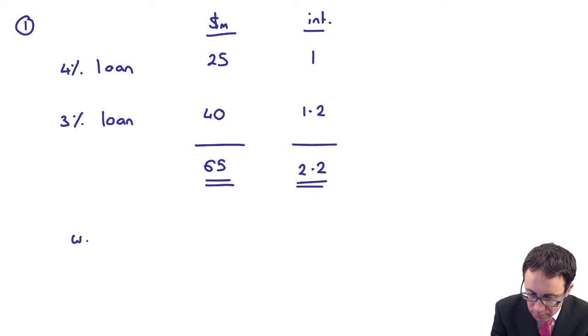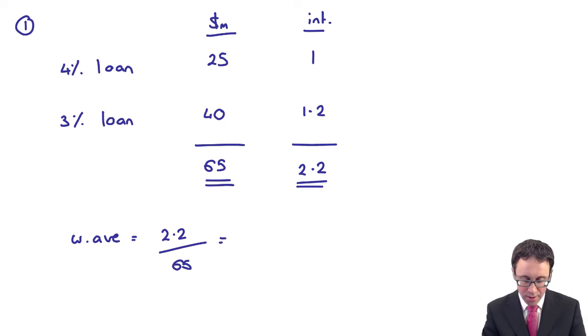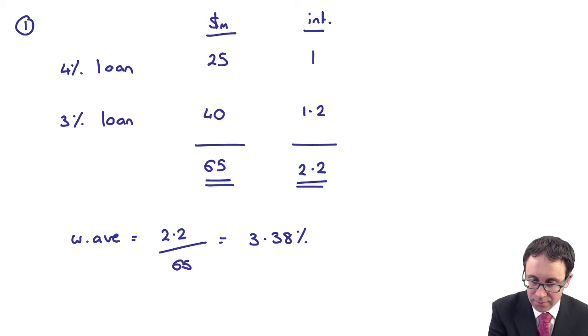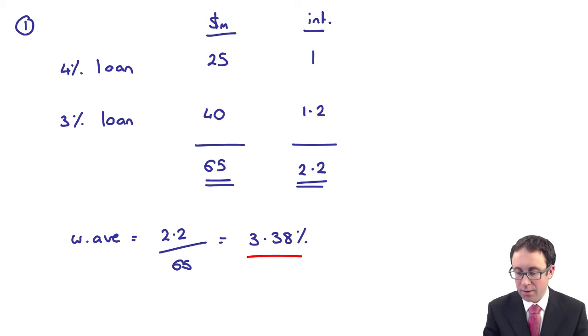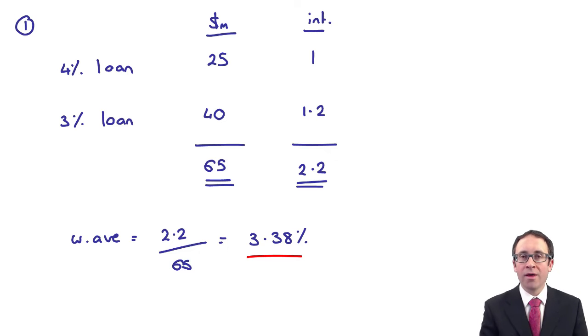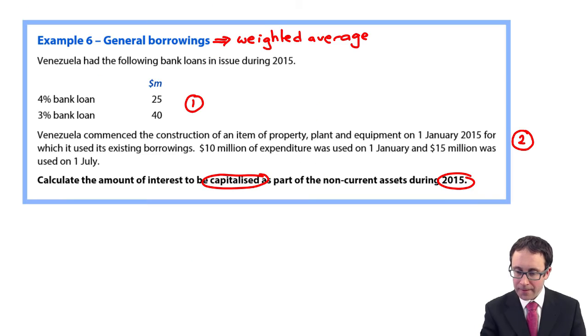So to work out my weighted average, I take the 2.2 and divide it by the 65, and that works out at 3.38%. That 3.38% is now going to be applied to the amount of borrowings that I draw down from that pool of funds.